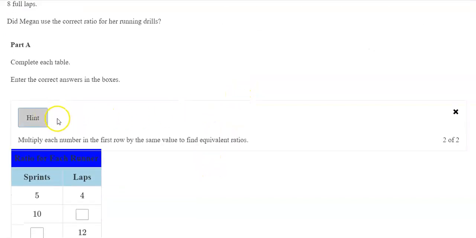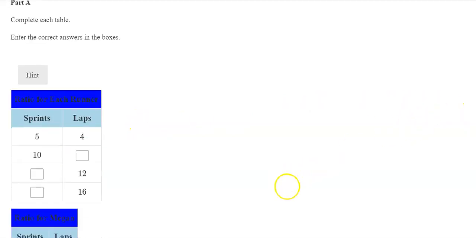Well, let's take a look at the hint. Multiply each number in the first row by the same value to find the equivalent ratios. And use the first row of the table to write the equivalent ratios. So to get from 5 to 10, I multiply by 2. So I'm going to do 4 times 2 is 8.